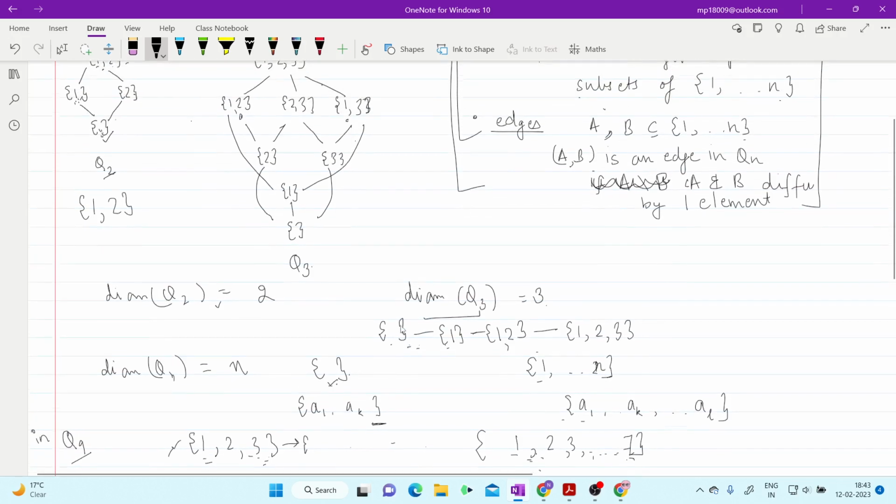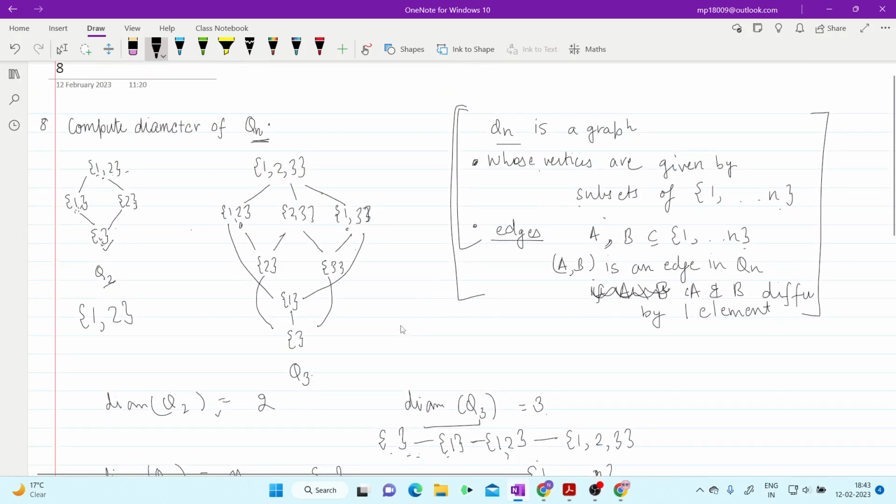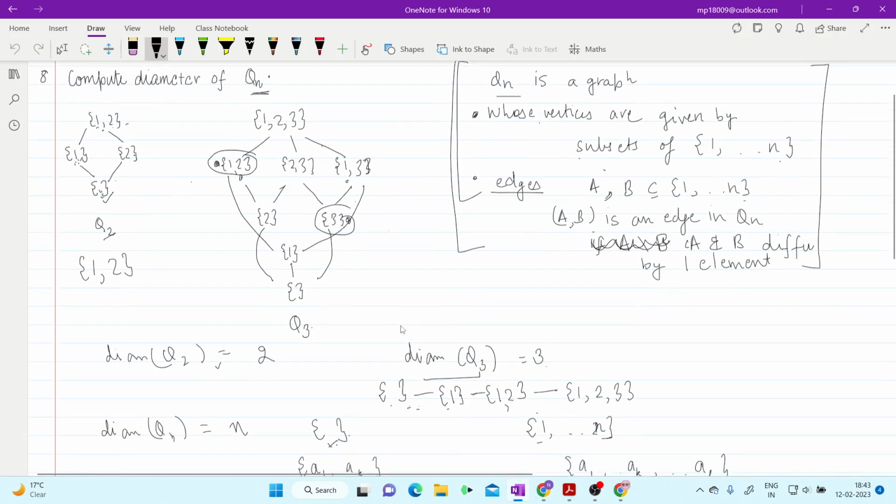Suppose in this scenario, say 1 2 and 3. So what is the shortest path between 1 2 and 3 in this? Oh, sorry, I have made a mistake.